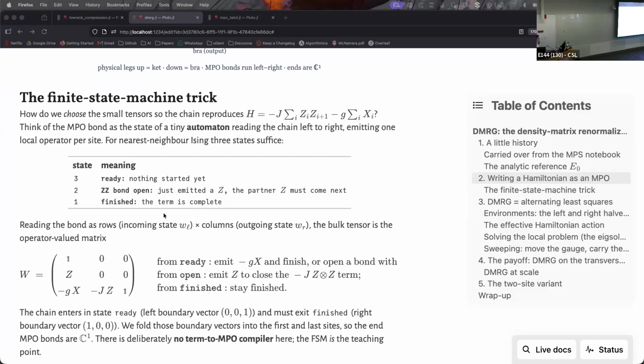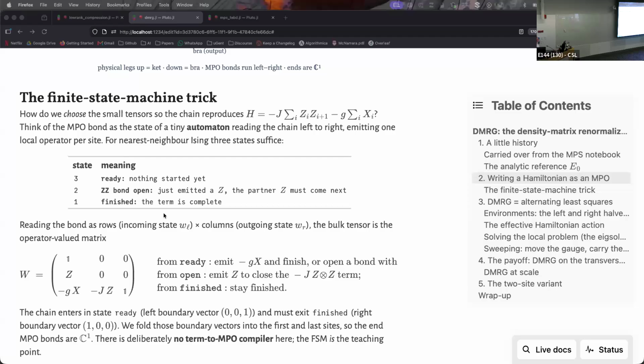This is completely not obvious, so I would advise you to write out three of these W's, do the matrix multiplication manually, and see what comes out. You will see that exactly the sum of all of these terms comes out. And this is the fancy trick that we're using to map this to an MPO.